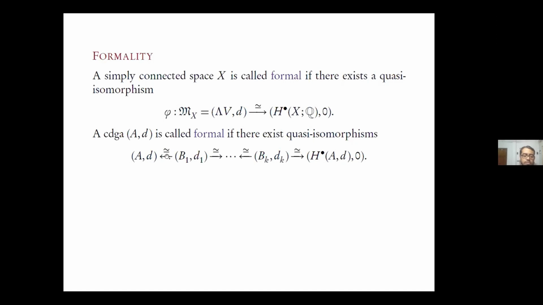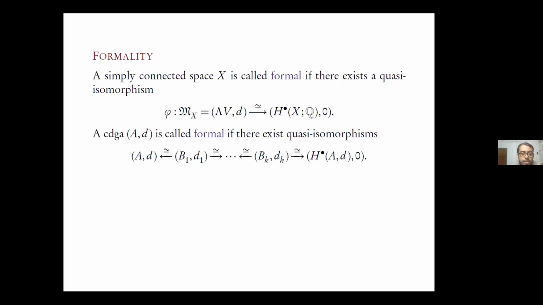These two are equivalent in that sense; this is the more general definition. But if you're dealing with A to be APL of X, then because of the properties of minimal models, it boils down to this, because you can replace these by their minimal models, and then there's one single map from one minimal model to here, which is the usual definition of formality.